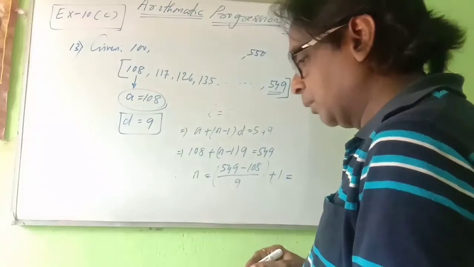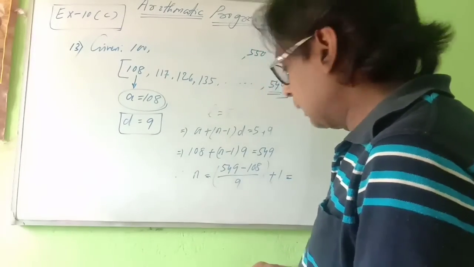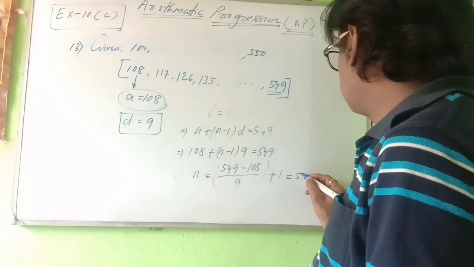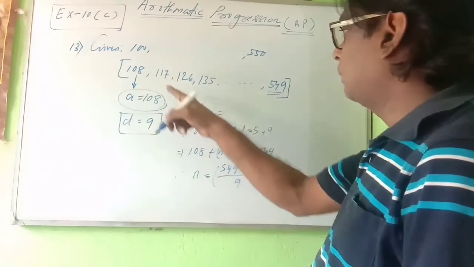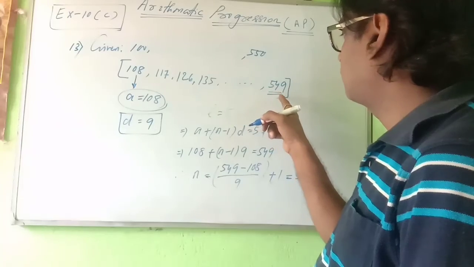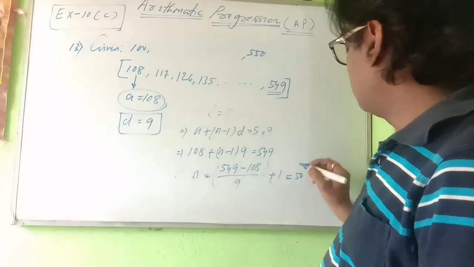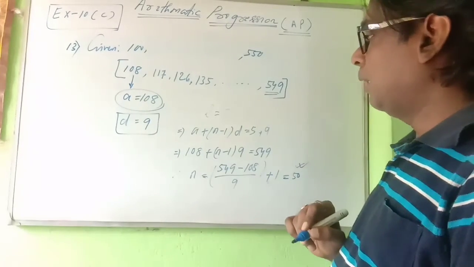The final result will be 49 plus 1, which is 50. There are 50 terms between 108 and 549. That means between 100 and 550 there are 50 terms which are divisible by 9.